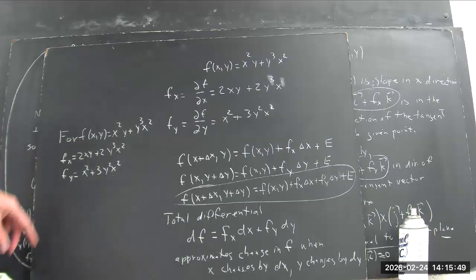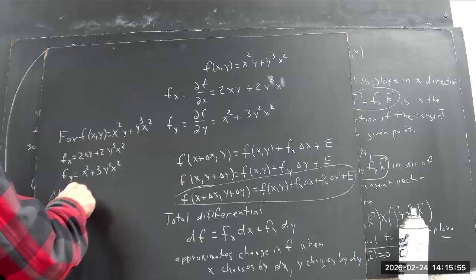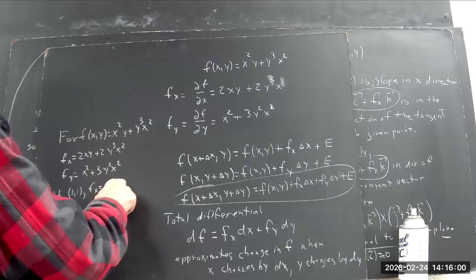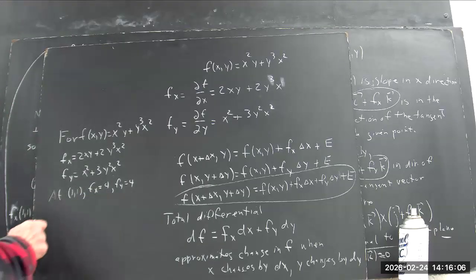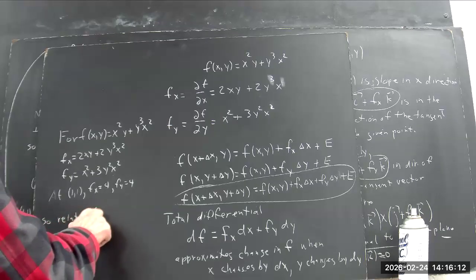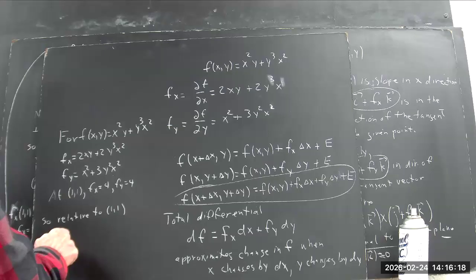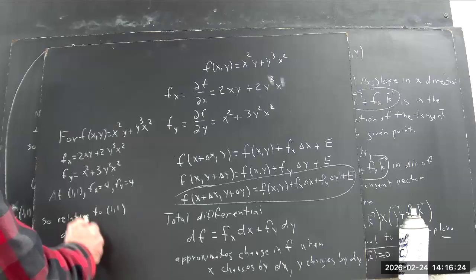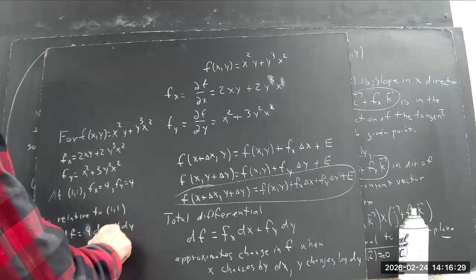If fx is this, fy is this. At the point 1, 1, fx equals 4, fy equals 4. So relative to 1, 1, df is fx, which is 4 dx, plus 4 dy.